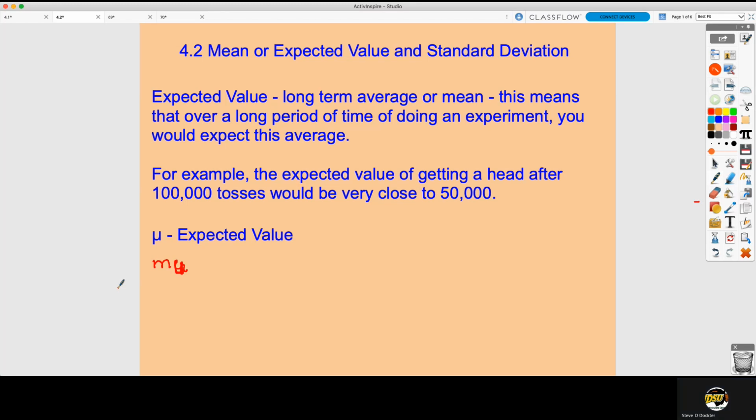So go ahead and get that copied down, and then we'll do some examples on what we're talking about with this stuff. And then after a couple slides, we'll talk about a little gambling to see probability of actually winning money in certain events.